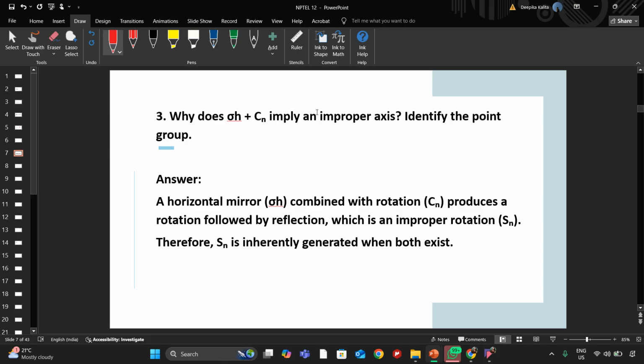Let us imagine that we are going to perform these two operations on a crystal.